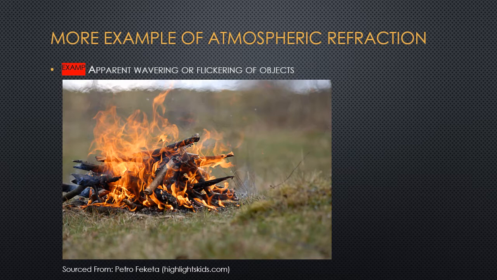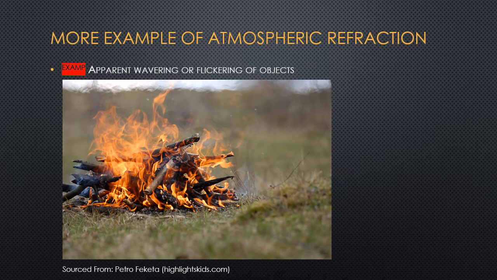This wavering is an effect of atmospheric refraction. I hope this is very clear. What is happening basically? The air around the fire gets hotter, becomes less dense, its refractive index changes compared to the cooler air, and because it gets hotter, it starts moving.